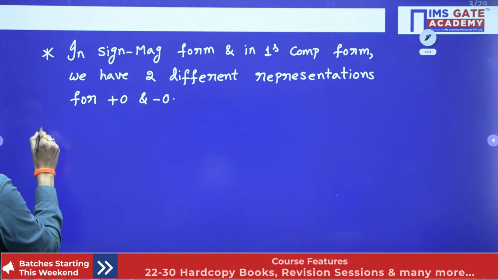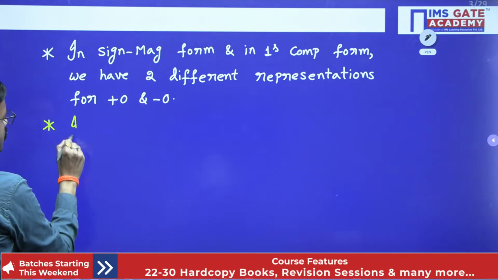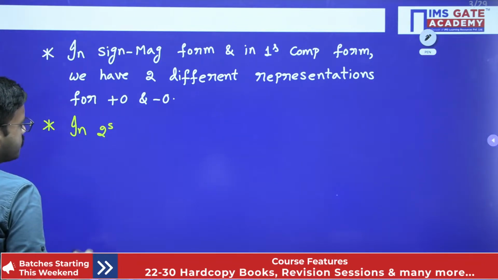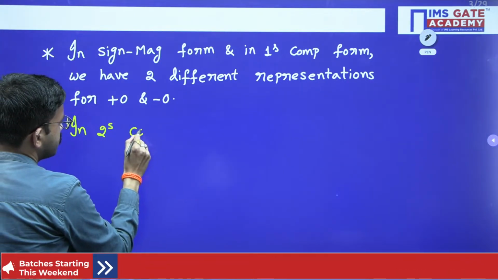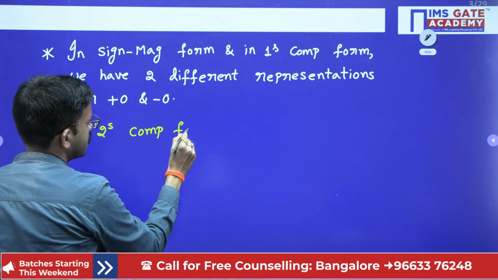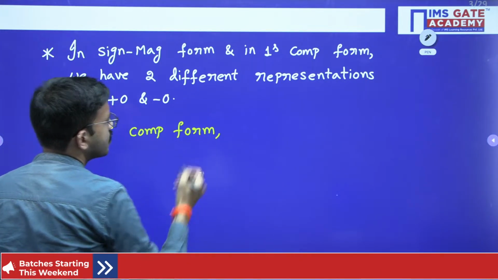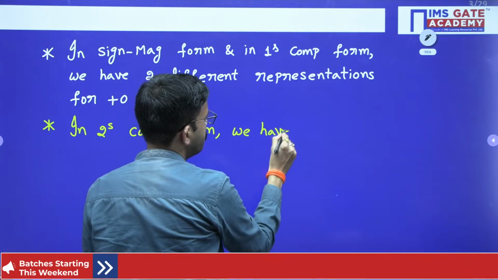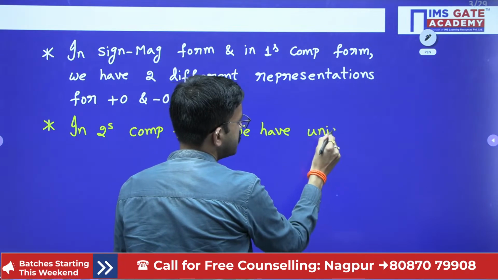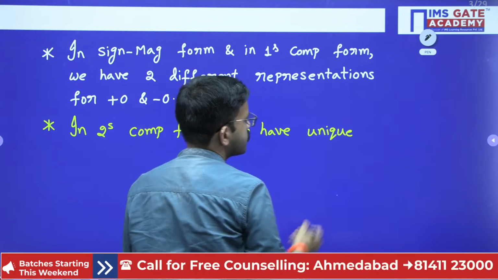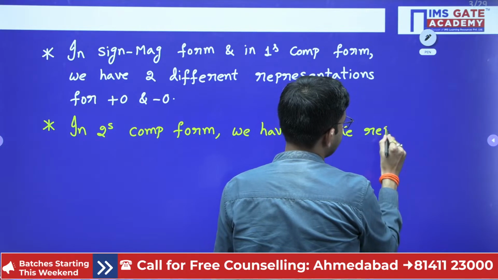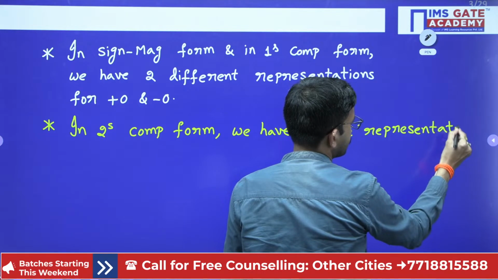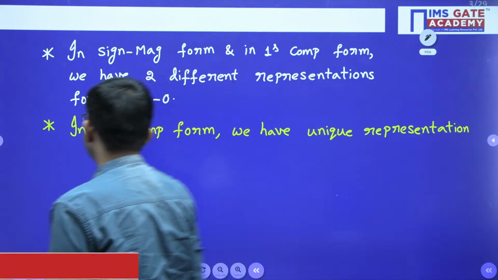Whereas in 2's complement form, we have a unique representation for 0.